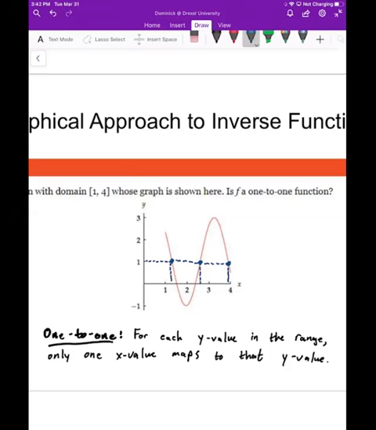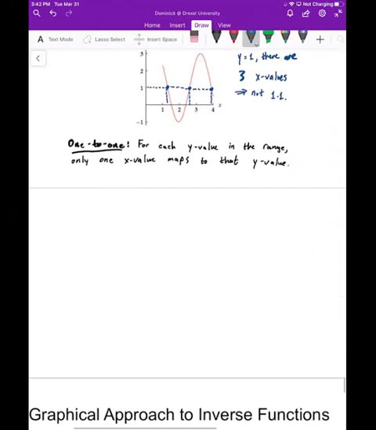All right, so of course, if you look at y equals 1, there are 3 x values. So what's the conclusion? The conclusion is that this is not one-to-one. Because you would need y equals 1 to only have one x value that maps to it. All right, and of course here you have more than one.